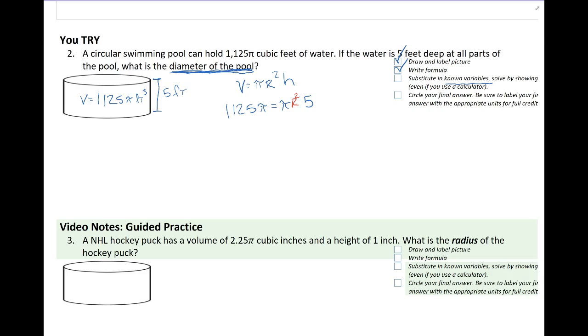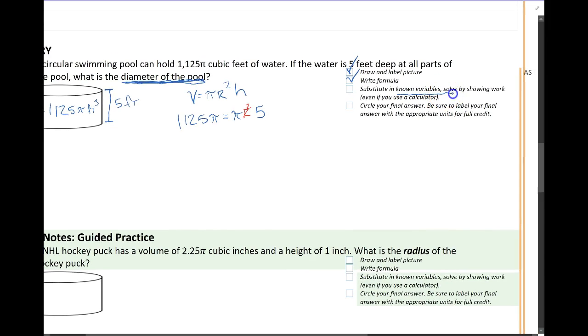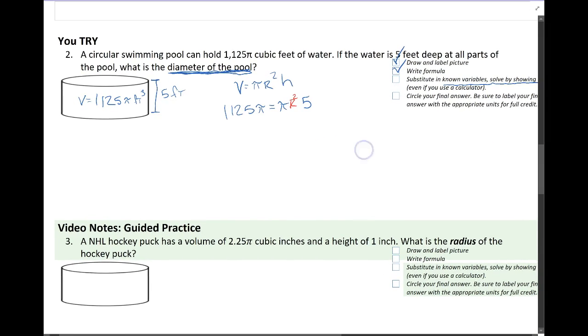So now that I've done all of that, I'm going to solve by showing work. I'm going to solve for these values. Now, hopefully you remember in my class earlier in the week, we realized one of the easiest things we can do right away is we conveniently have pi on both sides of this equation.